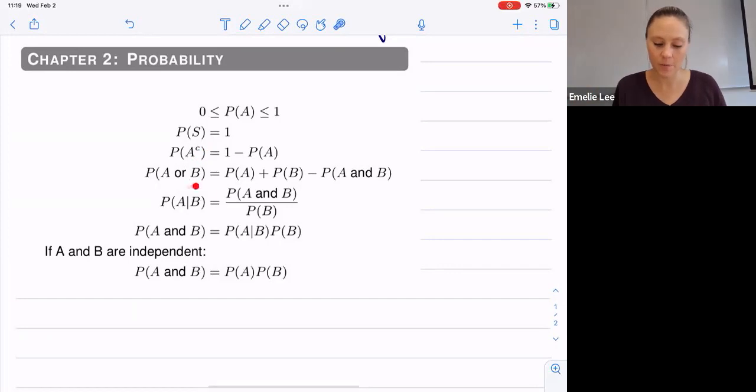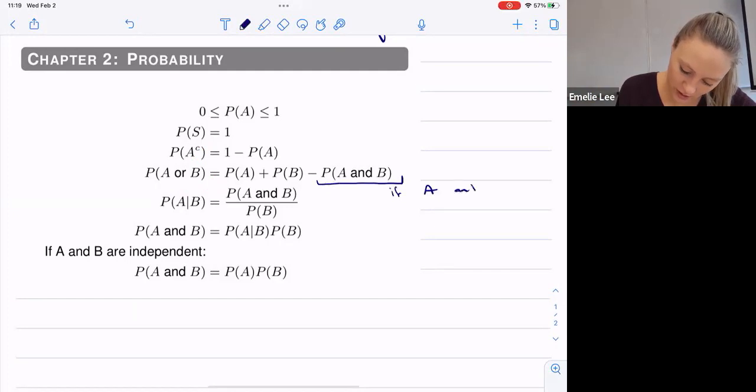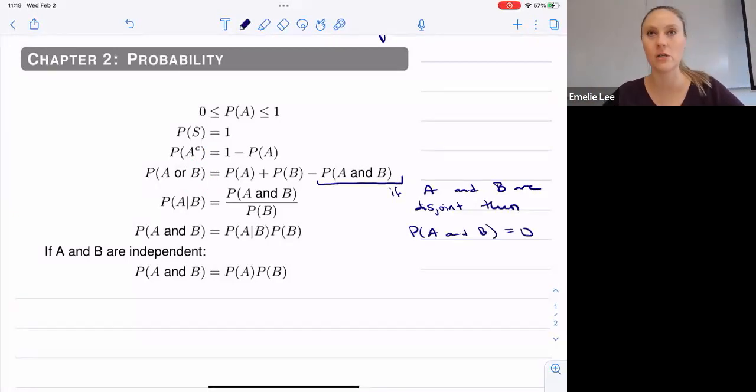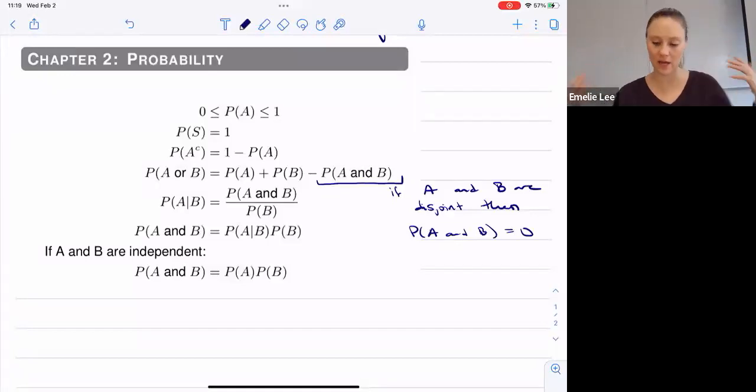We talked about the general addition rule, and the special case where if A and B are disjoint, then the probability of A and B must be 0. That's the definition of being disjoint: they can never happen together, so the probability that they happen together is 0.